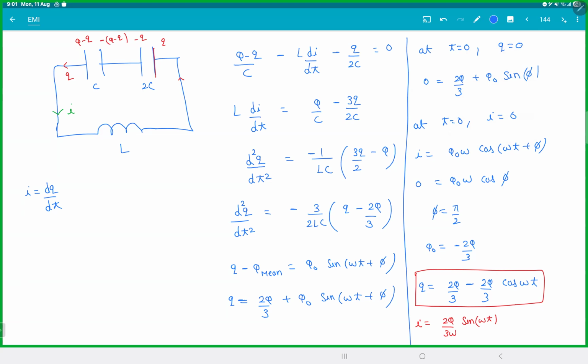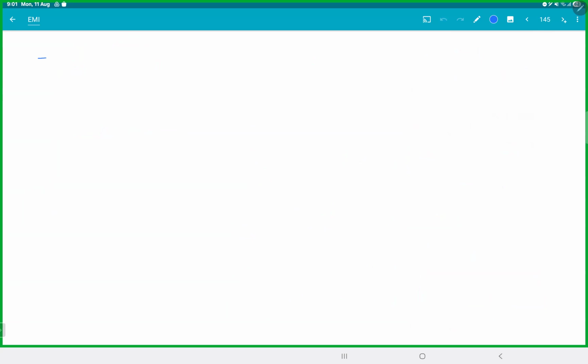So if you try to compare this with the spring block, how does this look? Remember this problem? Find the maximum compression. Again, if you see the resemblance, F is equal to Kx. Flux is equal to Li.